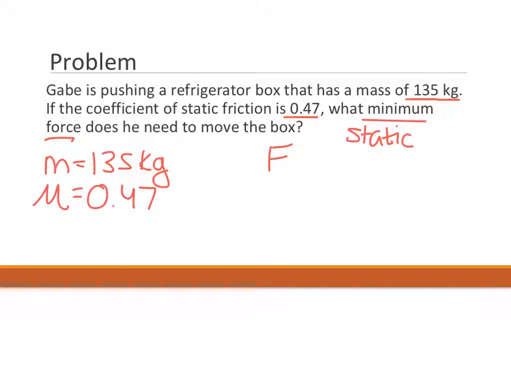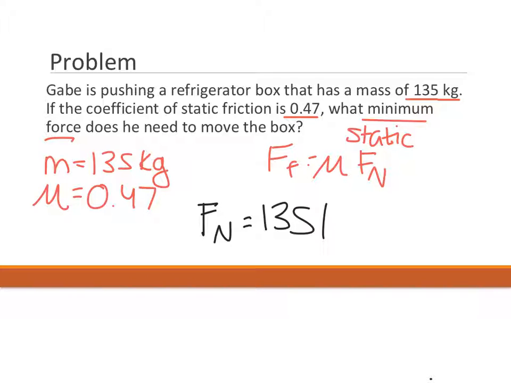Let's write out our equation right here. Let's first find my normal force. So Fn equals 135 times 9.81.